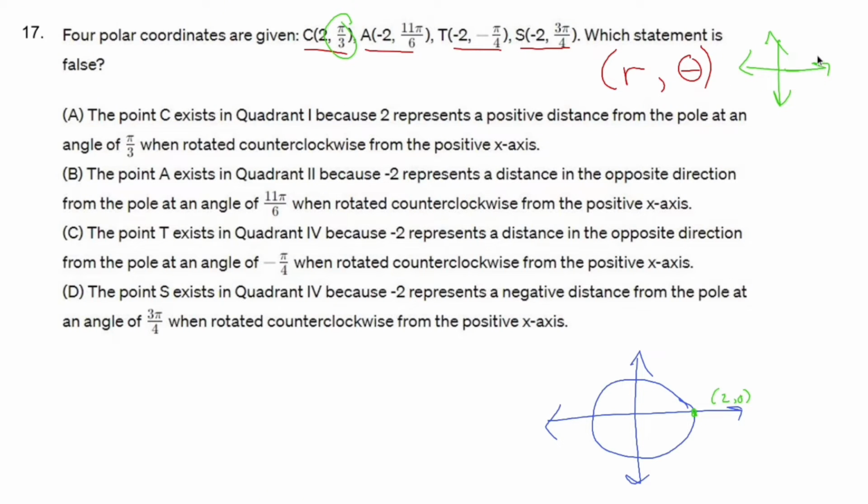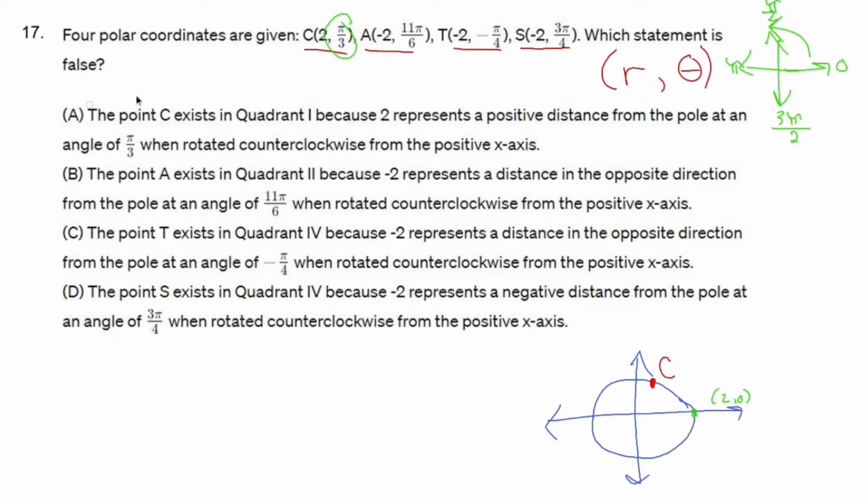So you're basically going this way starting here: 0, like a normal unit circle, pi over 2, pi, 3 pi over 2. Without being perfect, if I go in the direction of pi over 3 and put a dot 2 units away from the pole, I'm literally going to have a point right around here. I'll call you C. Okay, so that's where C is going to be.